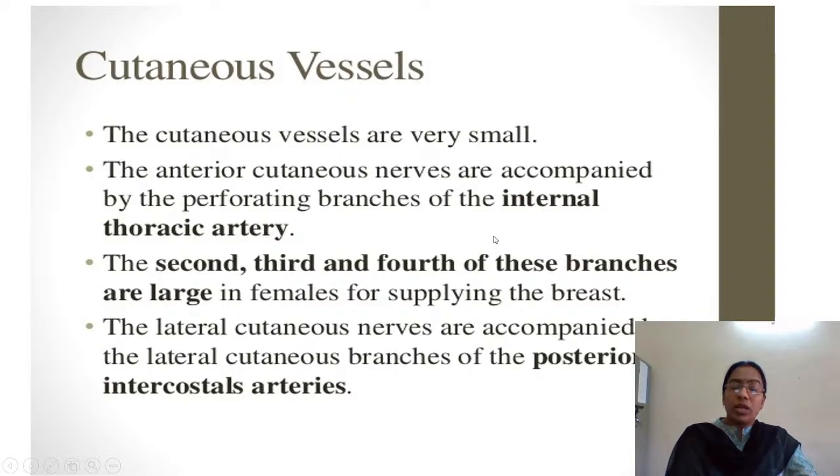The thing to be understood here is that the second, third and fourth perforating branches are large in females because they supply the mammary gland. Normally the cutaneous vessels are very small, but in females they are thick and broader.